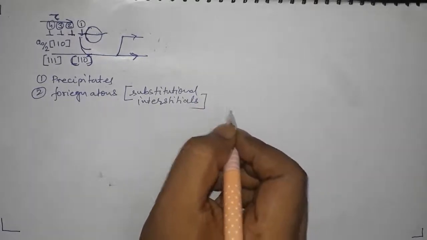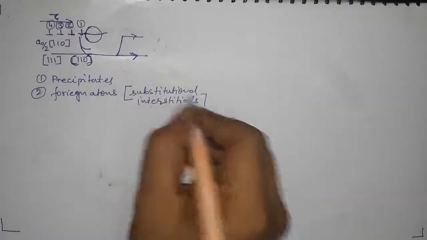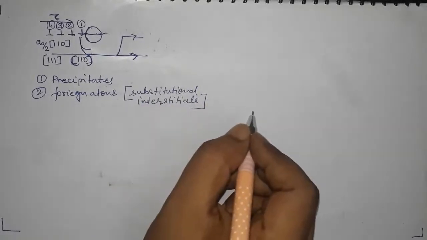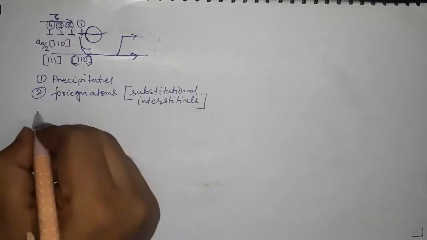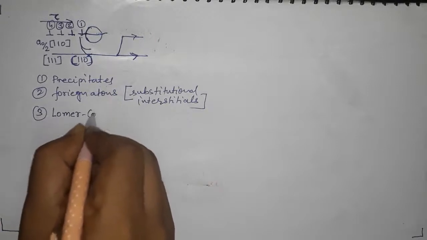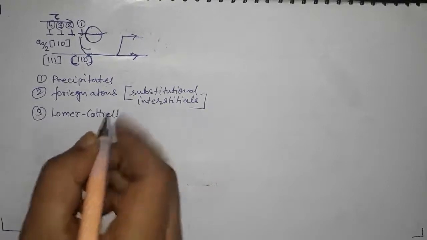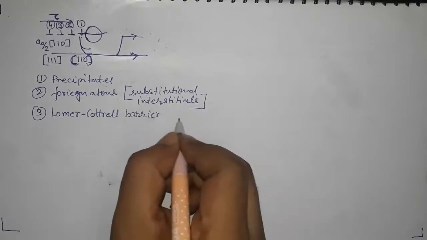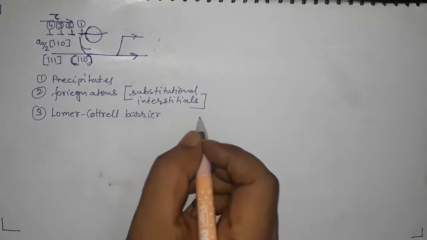Okay, so these can also block the dislocation, pin the dislocation, and that part we have already discussed before, right? Another kind of barrier can be the Lomer-Cottrell barrier, which forms by dislocation movement.